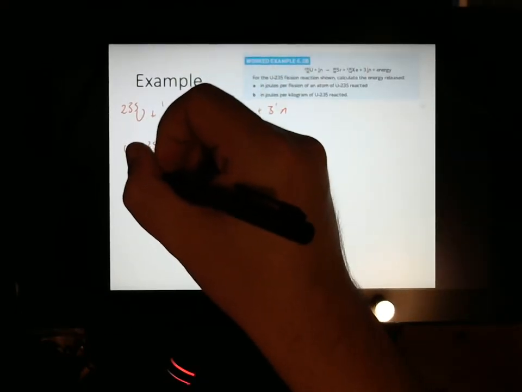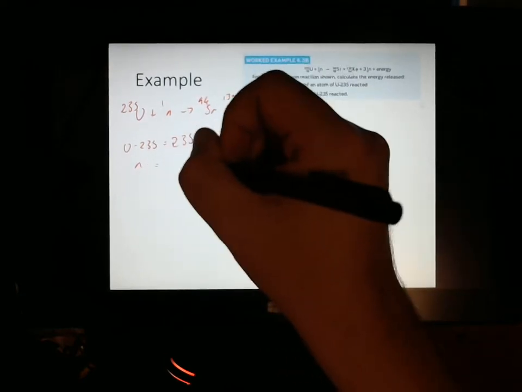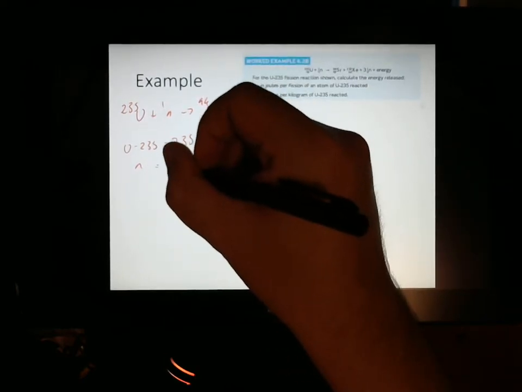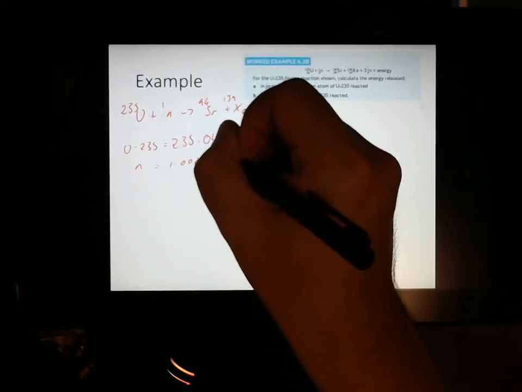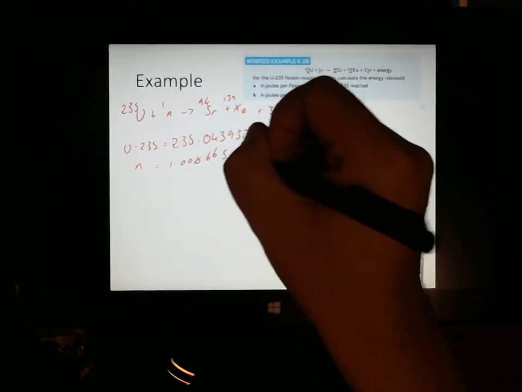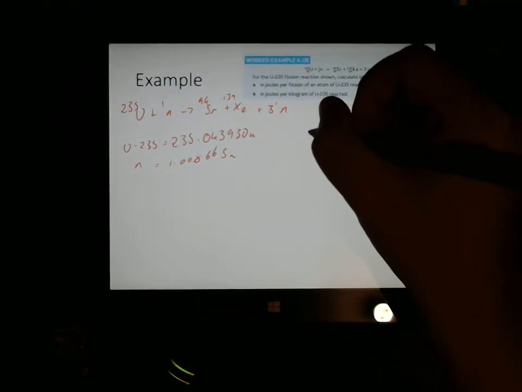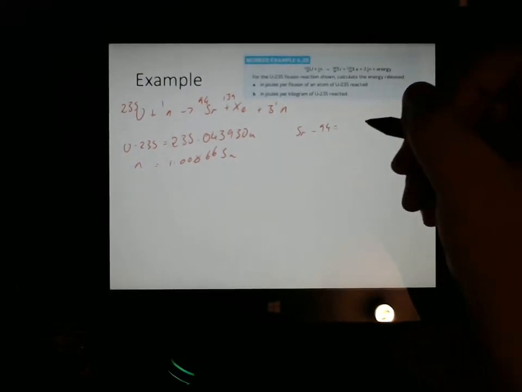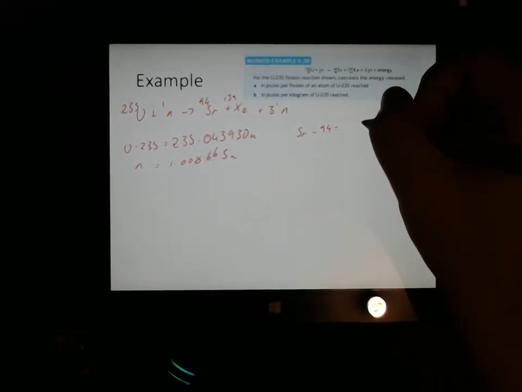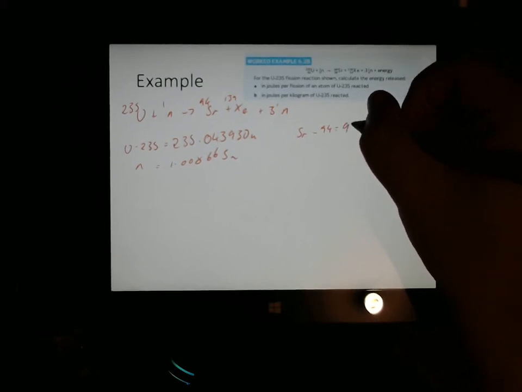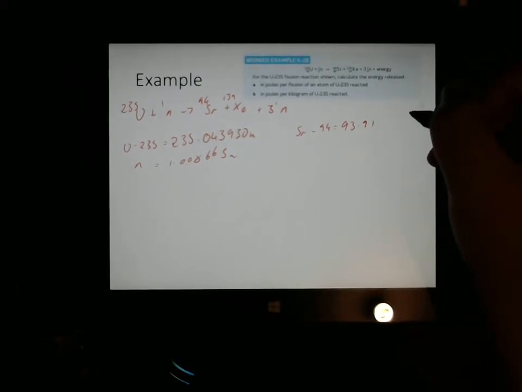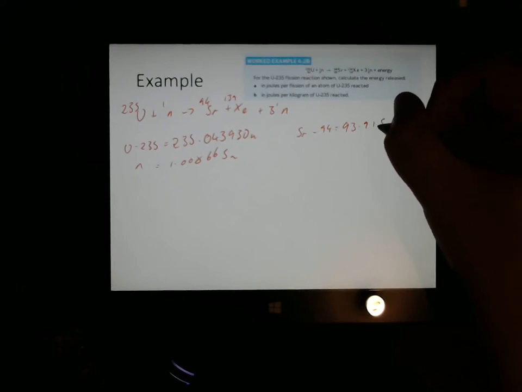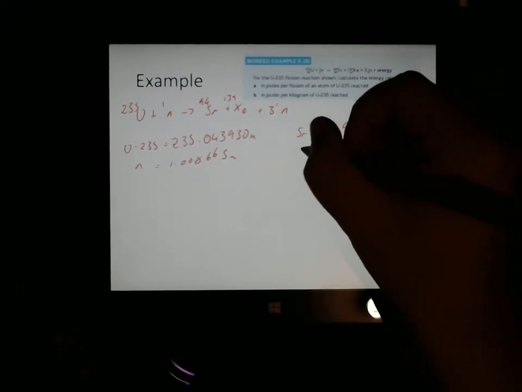The mass of a neutron is equal to 1.008665, while the mass of strontium 94 has a mass of 93.915356.